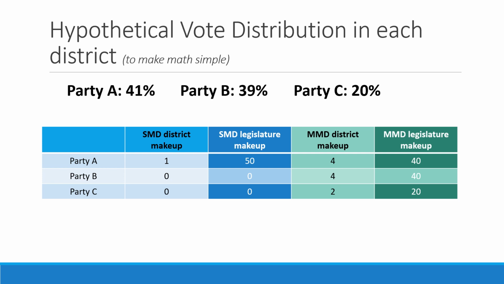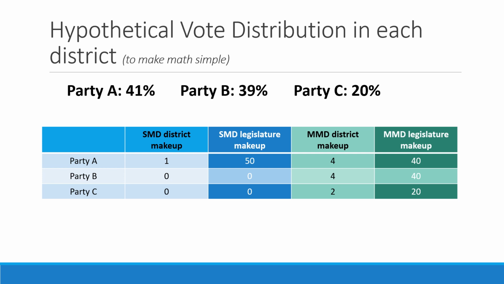Even though it only has a few more percentage points than the other parties, it has the plurality. So it would win in all the districts, and in our hypothetical legislature, it would have all of the seats. Here you can see the magnification of the vote to the legislature makeup, where a party that only has a plurality of the votes ends up with 100% of the representation.